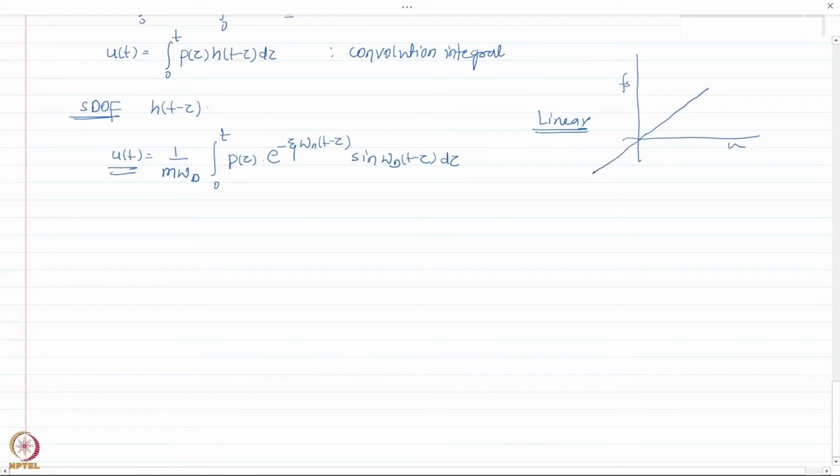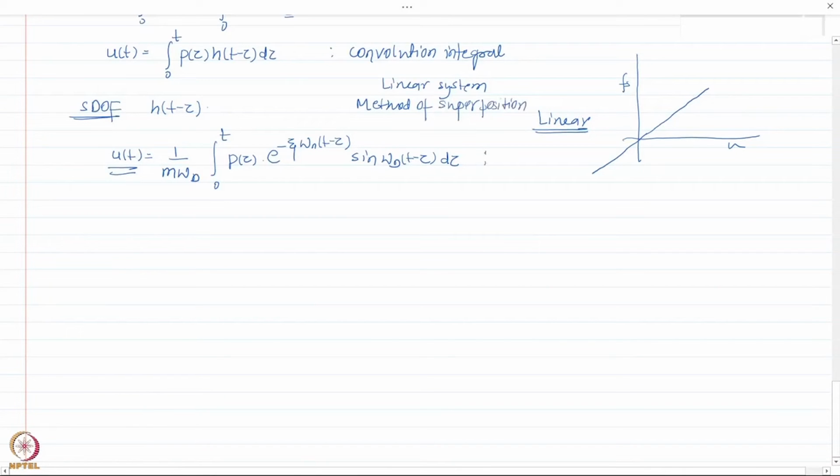So the response I can directly sum up from the individual responses. This convolution integral is strictly for linear systems, because we are using the method of superposition.